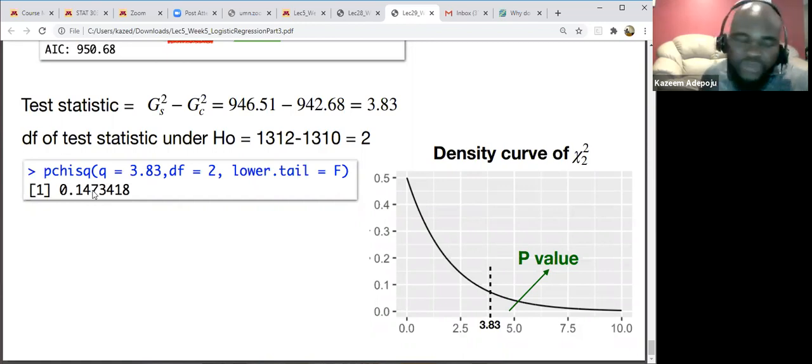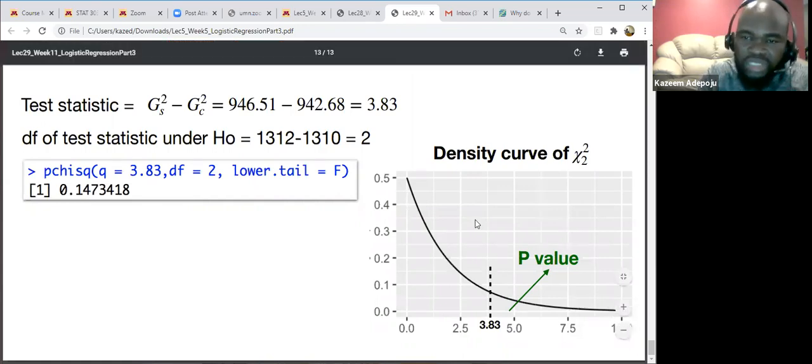We're in favor of the model that talks about only age as a predictor of the outcome of whether somebody is going to die or be alive. What I'm trying to show you right here is just the density curve of the chi-square at the degree of freedom 2. The 3.83 you can see right here, and the probability value associated with that is what we just computed.